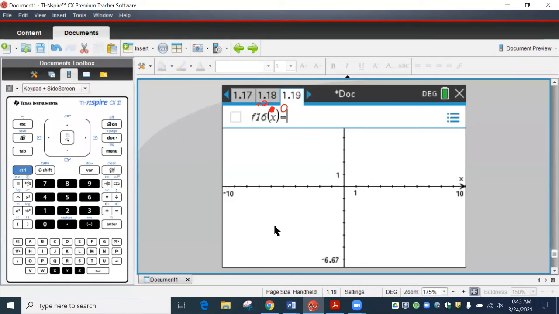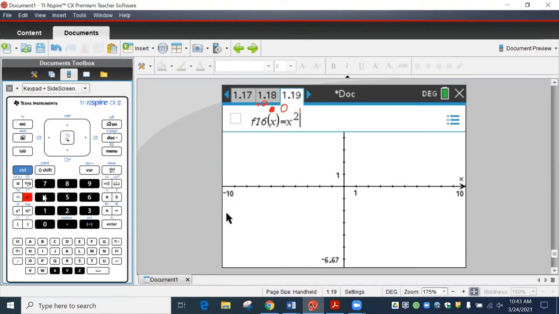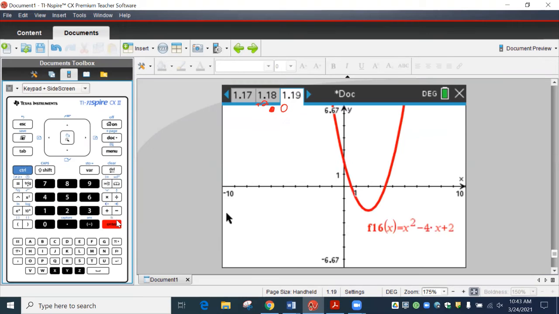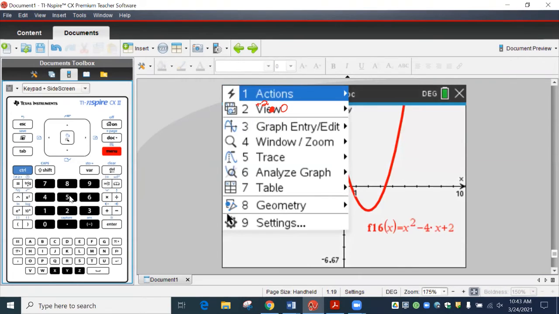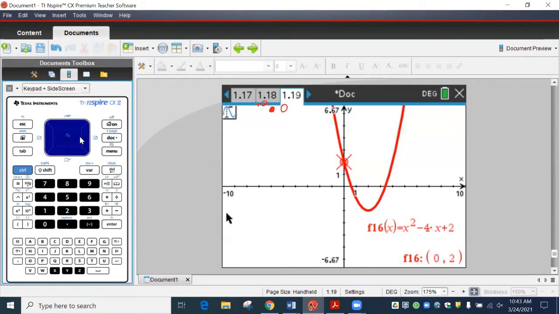All right, so we're going to type in x squared minus 4x, and then +2. And then we're going to hit menu 5-1, and we're just looking for where it touches. So at 0.58, which rounds to 0.59, it is a positive. Matter of fact, both of my answers are positive.